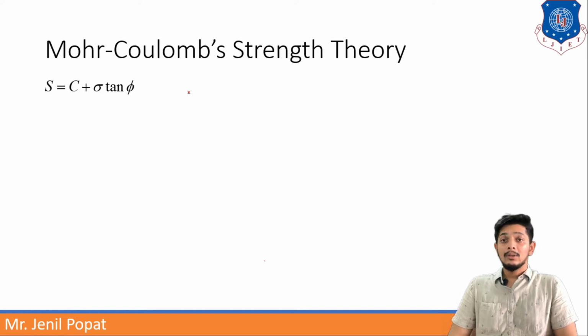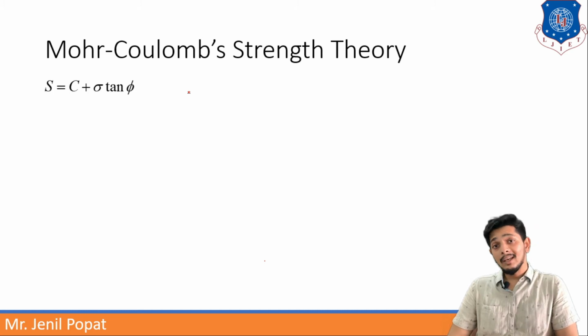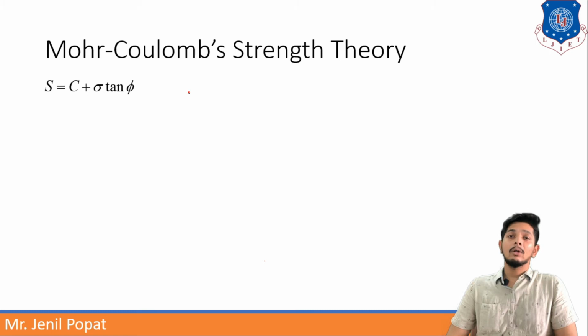One component is independent of the normal stress applied, and that component is intrinsic cohesion, or apparent cohesion. The other component, frictional resistance, is dependent on the normal stress applied on the soil. So he gave an equation empirically, that is S is equal to C plus sigma tan phi.